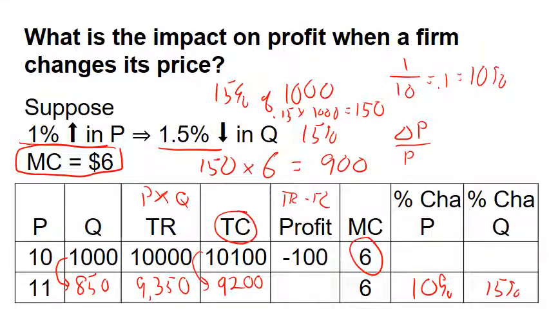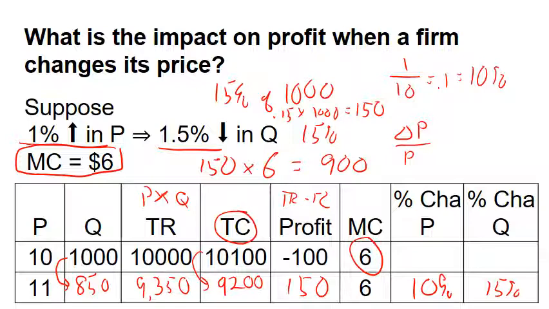The new profit's going to equal 150 bucks. Well, sure enough, the suggestion that an increase in price will pull profit out of the red is correct, but the increase in profit is much lower in this more complete analysis than the naive example presented earlier.